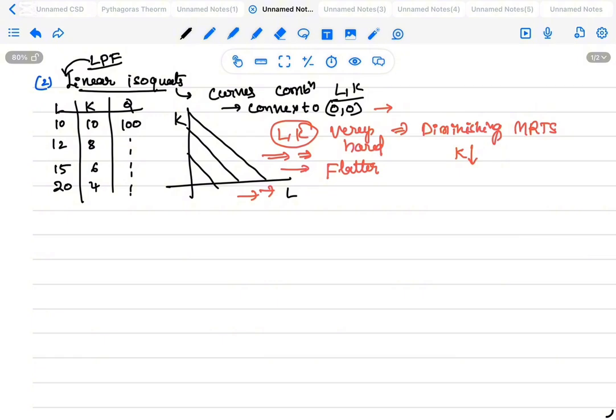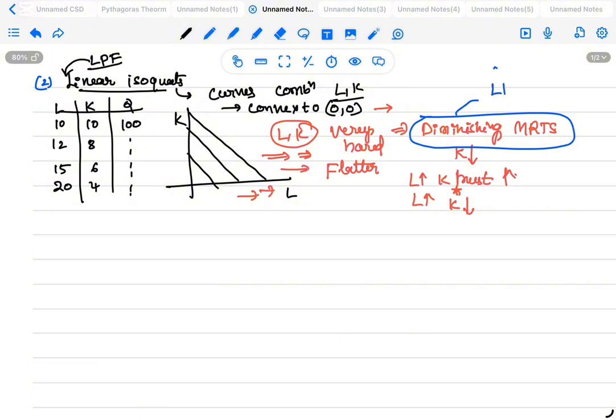In isoquants, when L increases, K must decrease. When we move to the right side of the graph, the isoquants become flatter. Because of this, when L increases, K decreases. This is called the diminishing MRTS. MRTS is related to the Leontief production function.